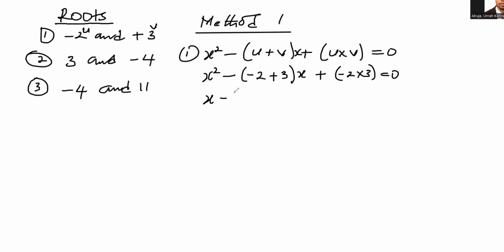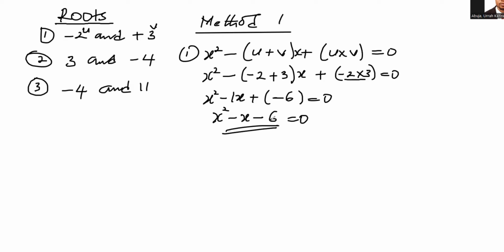So 1 times x is 1x. Let me write it as 1x plus (-6) equal to 0. Now 1x is the same thing as x. There's a square here, my bad. This is x squared minus x, and plus times minus is minus, so we have -6 equal to 0.